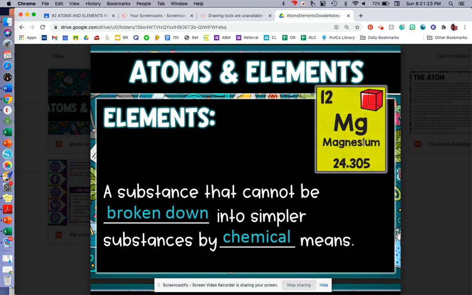So they take a sample and come up with the average mass. That's why this is a decimal. I'm sure you've been finding averages in math class and come up with a weird decimal that doesn't necessarily make sense. That's kind of what this is. It's just an average number.